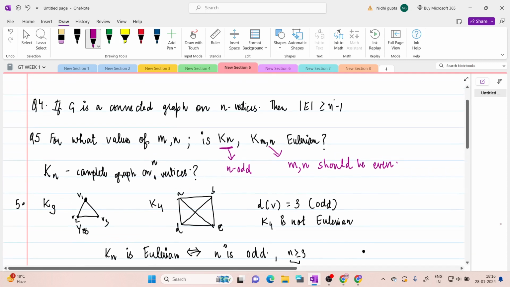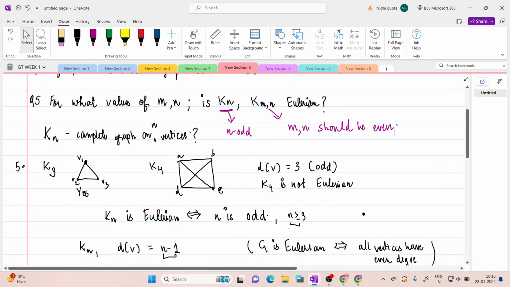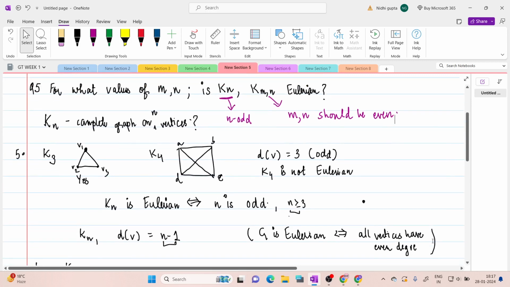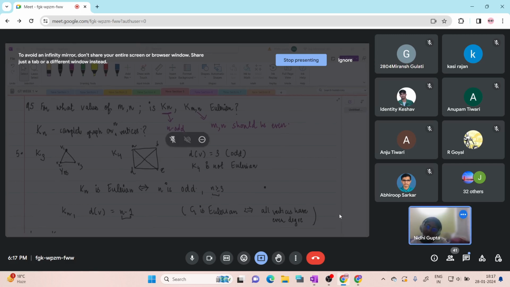Okay. Any doubt? Madam, what is the advantage of finding this Eulerian? Please can you give some examples, an application? Hmm. Okay. I don't have any application right now.